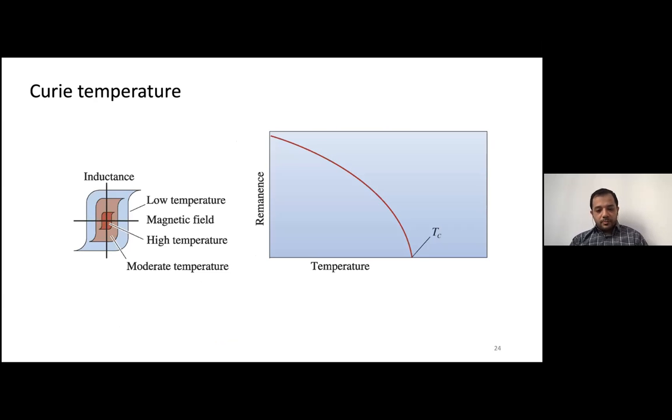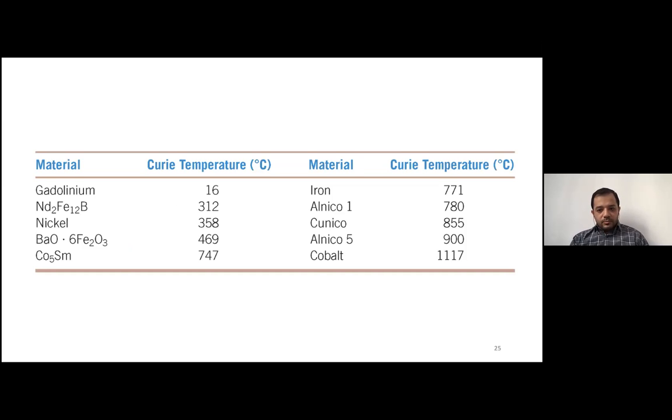Now, obviously, the temperature of the material influences this hysteresis behavior, and as temperature goes higher, it might lead to a diminishing of the hysteresis loop, as you can see here. The temperature where the hysteresis loop gets interrupted, say, is called the Curie temperature, right? And these are some elements with their Curie temperatures.